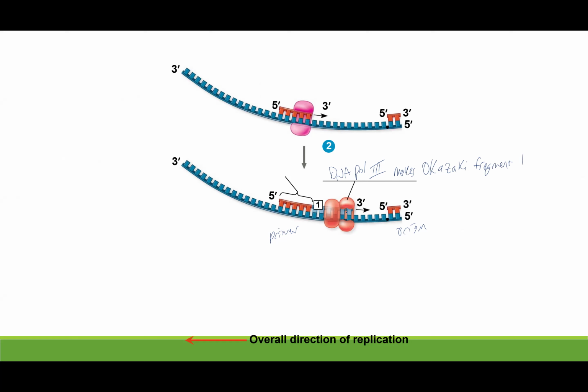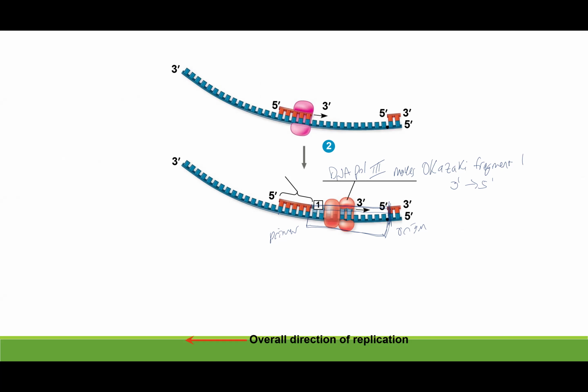So DNA polymerase 3 is going to come in and start synthesizing the first fragment. This is Okazaki fragment 1. Again, moving from the 3' to the 5' direction because it can only add bases on the 3' end. So it adds bases until we get back to the origin of replication. This is the first fragment. Does that make sense?